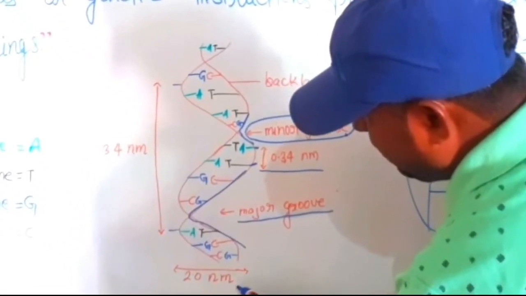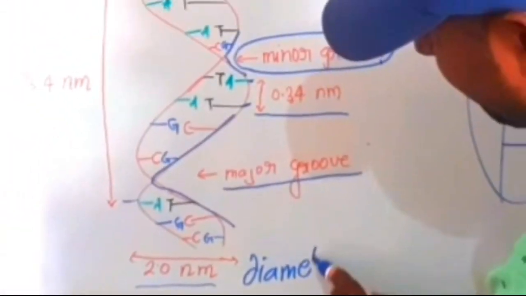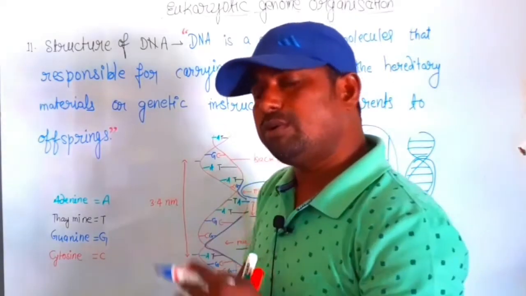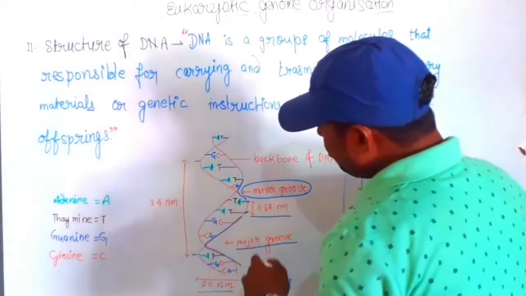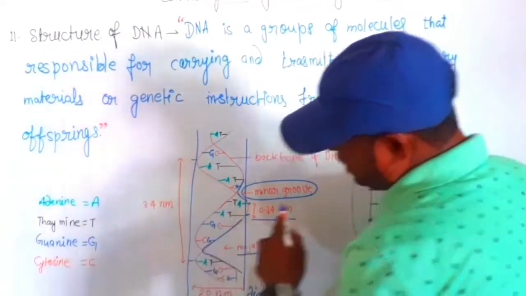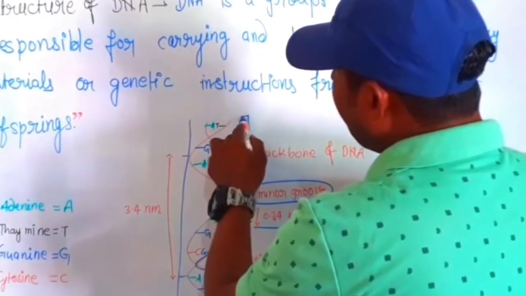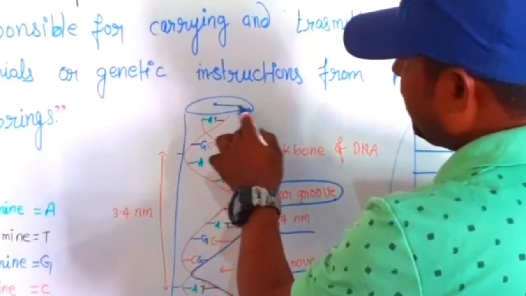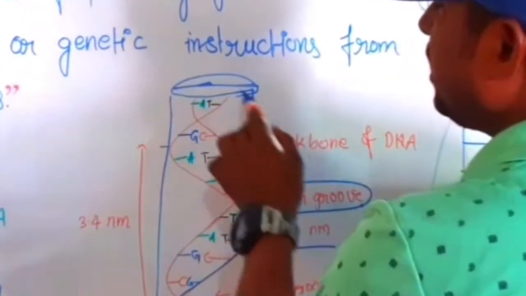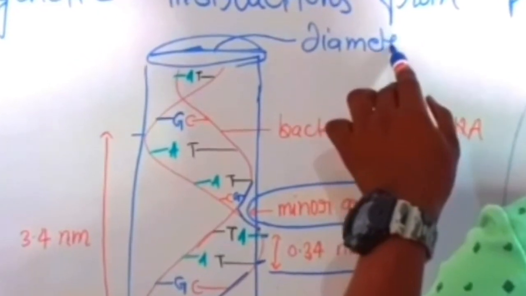2.0 nanometer in diameter. How does DNA make the diameter? Because this structure is a cylinder. If such a cylinder has a circular section, this is the radius and this is the second radius, and both radii together are known as the diameter.